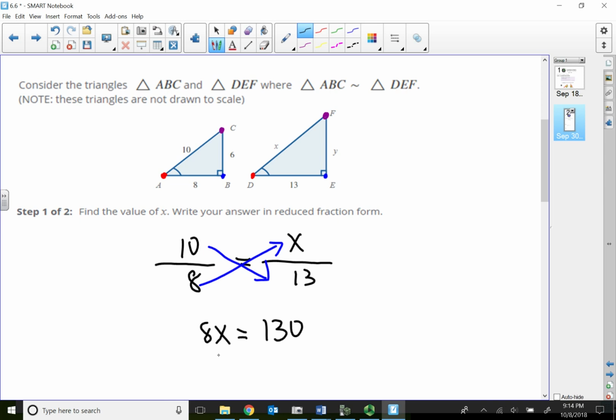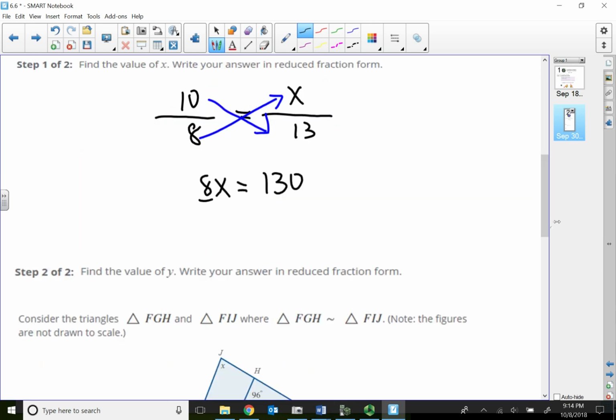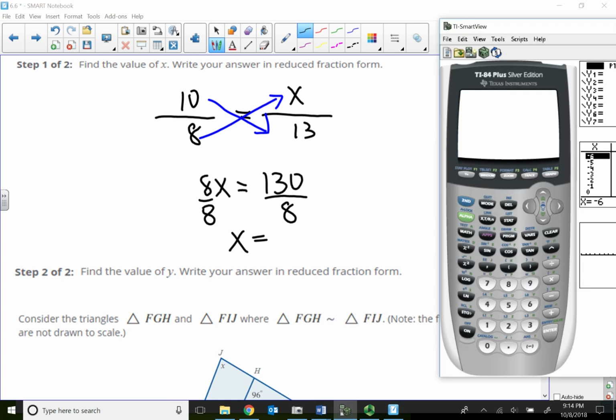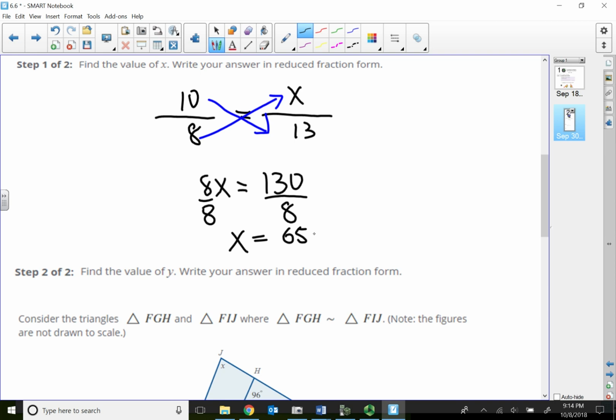Divide both sides by 8, since the coefficient is 8. 130 divided by 8, I'm going to put that in the calculator and let the calculator reduce the fraction for me. No decimal, no mixed number, just a fraction. So my answer is an improper fraction in this case, which is 65 over 4. So that's what my side x is.